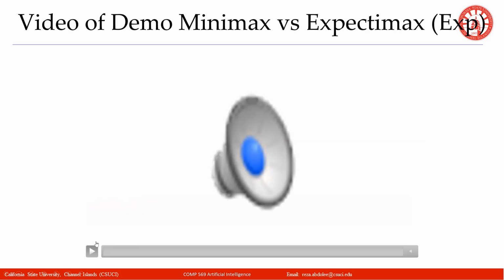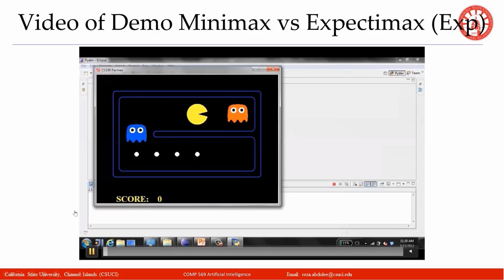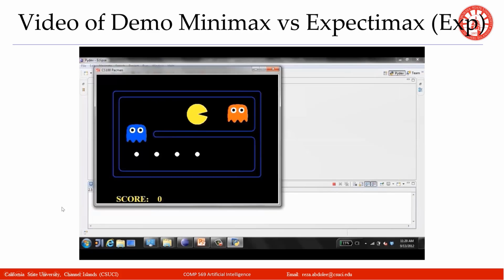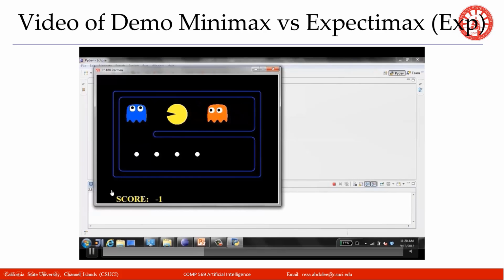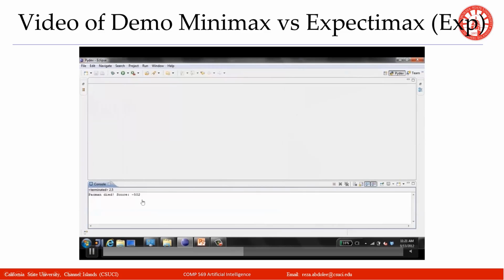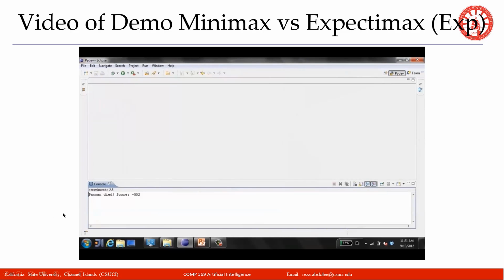So this game is expectimax. Let's play it once. We now assume that there is some randomness in the behavior of the blue ghost and the orange ghost. This time the score is kind of lower. The second time it's played, let's see what is going to happen.